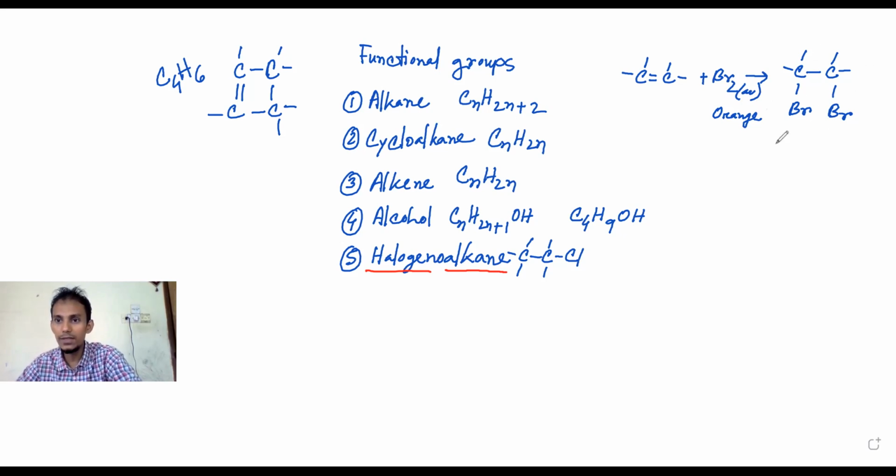Now, what is the name of this substance? This is 1,2-dibromoethane, right? And what is this 1,2-dibromoethane? This is definitely a halogenoalkane, because two of the hydrogen of an alkane are replaced by bromine. So it is a halogenoalkane.